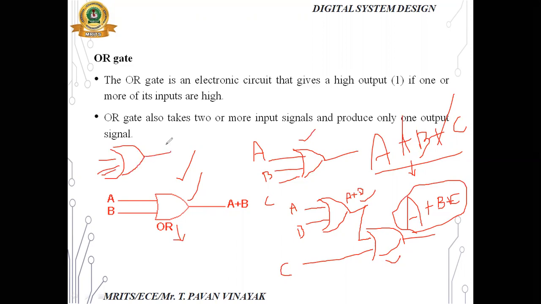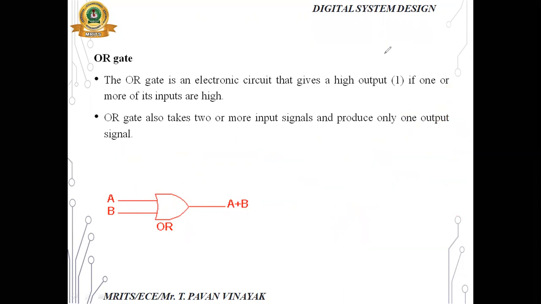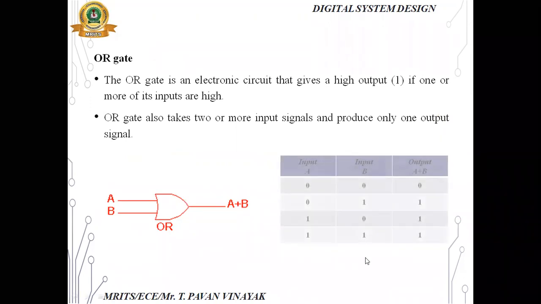Based on the variables, you can use any number of gates. Truth table: when any one of the inputs is high, the output is high.